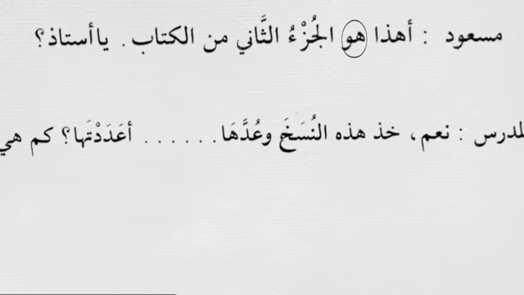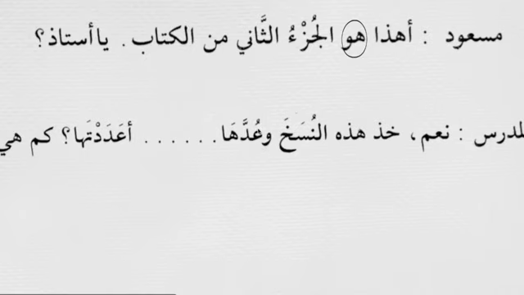An-nuskha. So what is an-nuskha? Nuskha means copies. Nuskhatun is singular and nusakhun is plural, but because it is maf'ulun bihi, we have fatha, an-nusakha. So hold these copies wa'uddaha.